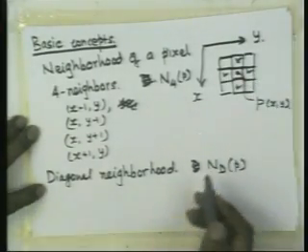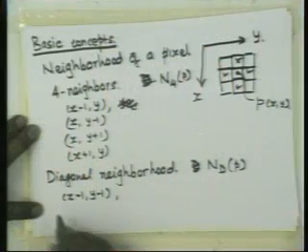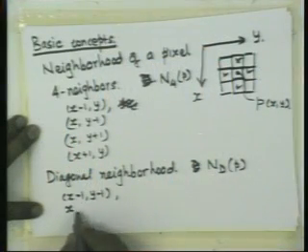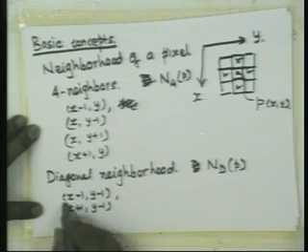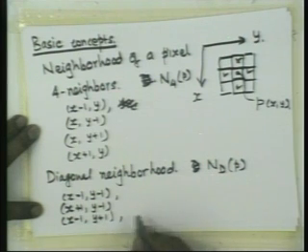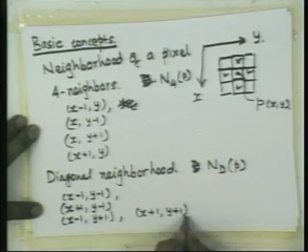So the diagonal neighborhood is given by x minus 1, y minus 1; x plus 1, y minus 1; x minus 1, y plus 1; and x plus 1, y plus 1.